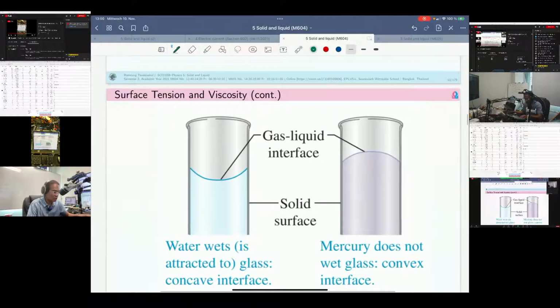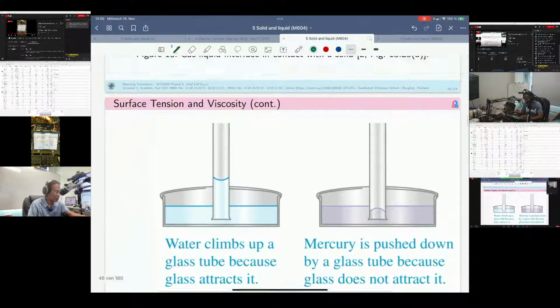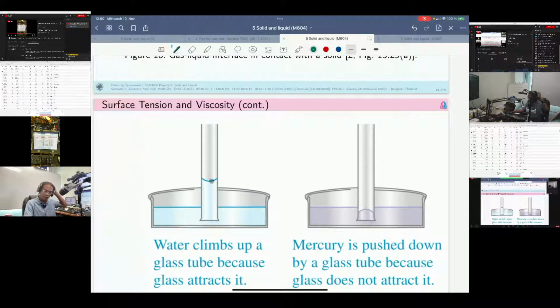All right, let's go ahead. The gas-liquid interface and solid surface, right? In the water we have a concave interface, and here in the mercury is convex, right? Yeah, it's different. And one more important thing: if you compare the height of the water level inside the capillary tube and the mercury level compared to the mercury surface, it's also different.